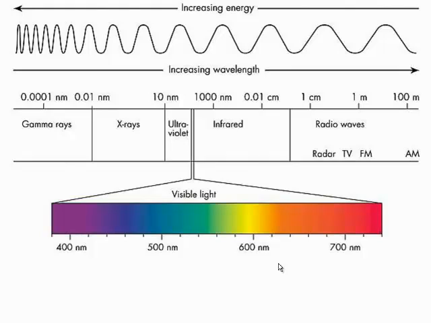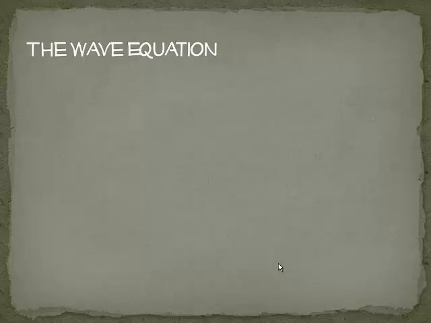And if you look up above, way at the top, you'll see that energy goes the opposite direction of wavelength. And the shorter the wavelength, the higher the energy, just like we saw in that other graphic. Well, how exactly are wavelength, frequency, and energy related to each other? They are related through the wave equation, through a constant called the speed of light.